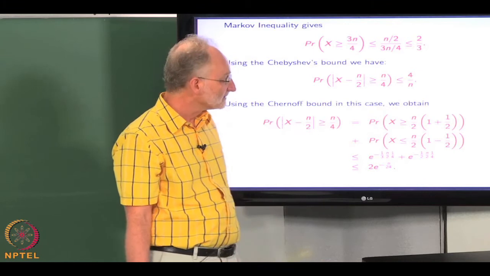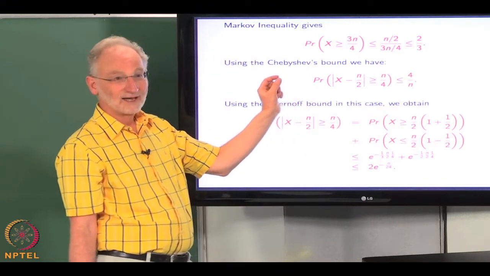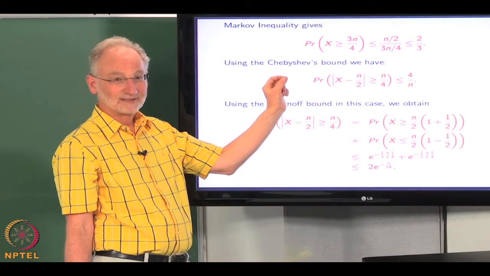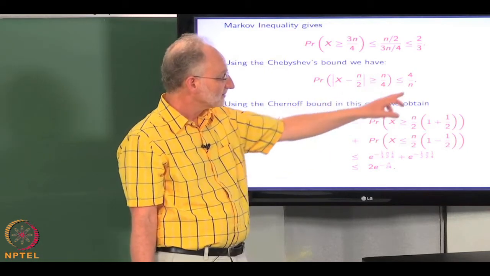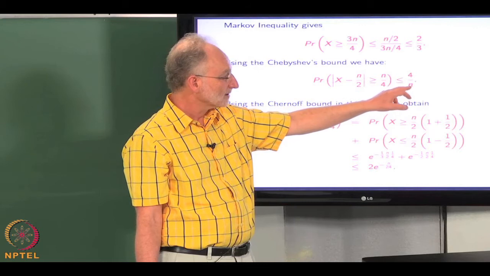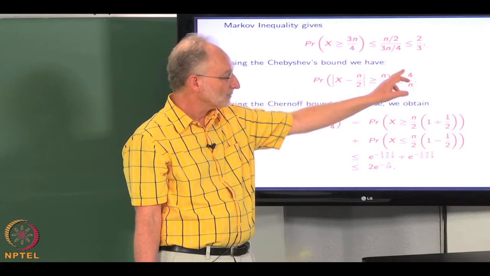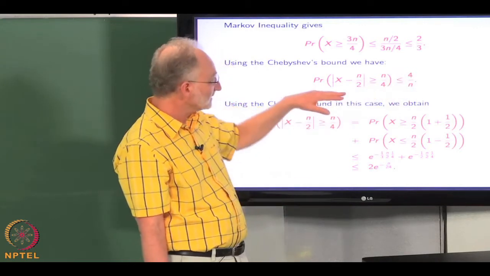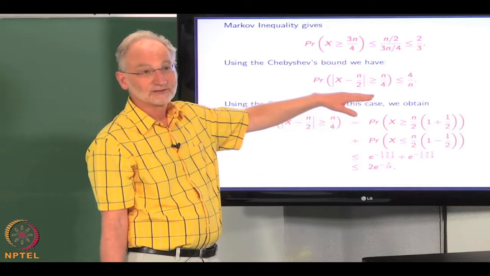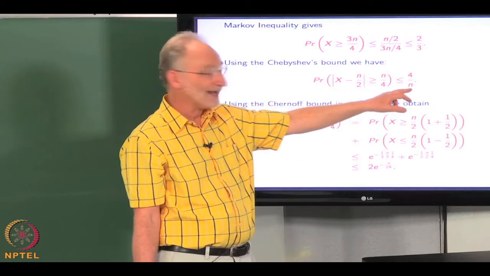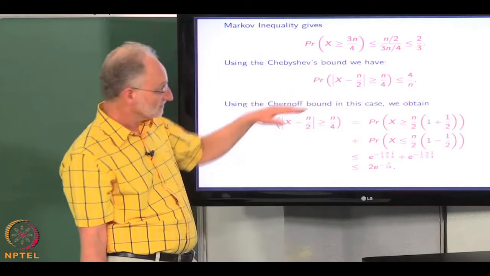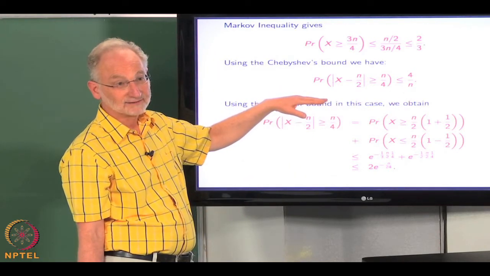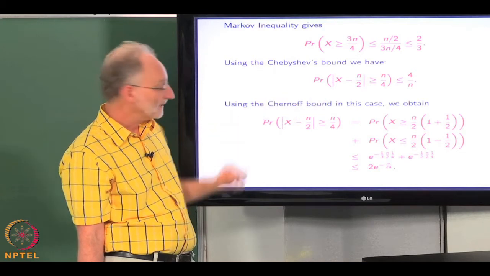The variance here is half times n, and we divide it by the square, so we get n squared down here, and up here we cancel. So we get at least something that goes down to 0 as n goes to infinity, but it goes down linearly with n.